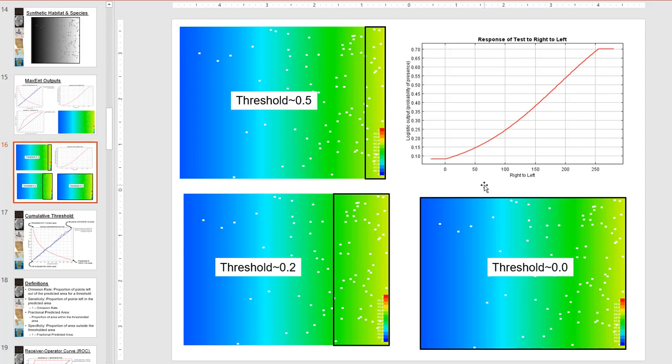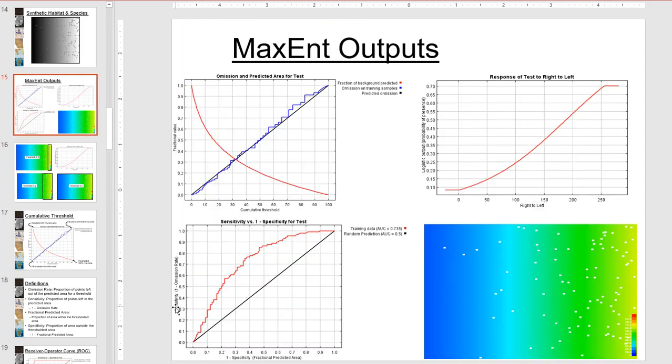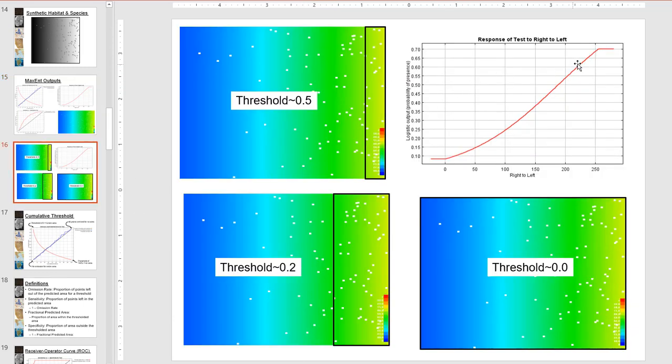And the way that is calculated, so that you know, is we move along this line from 0 to 1, and as we do that, we are thresholding our response curve. Or you can think of it as we're going to threshold it up here, and then we're going to look at the area predicted as habitat, given what is above the threshold.